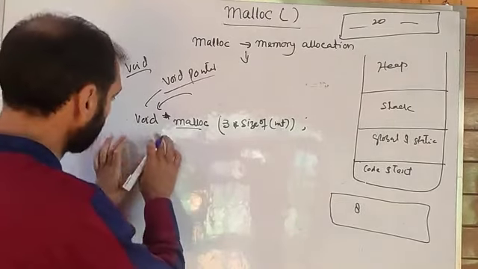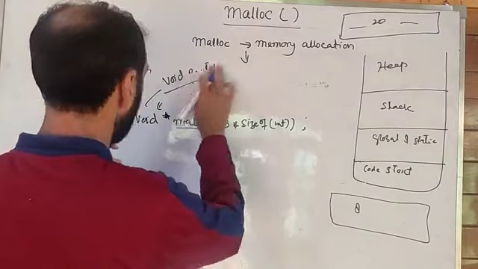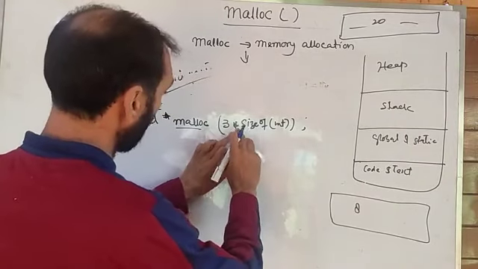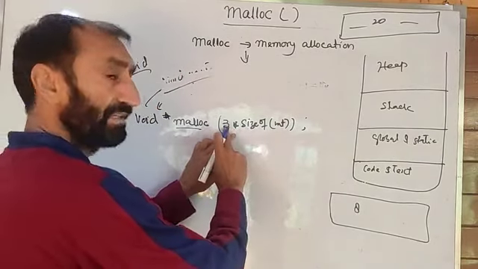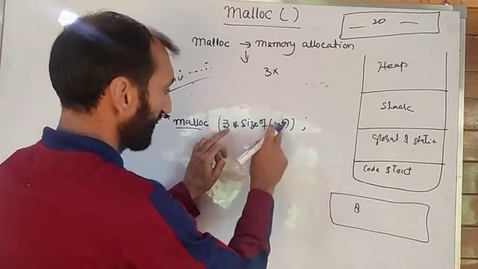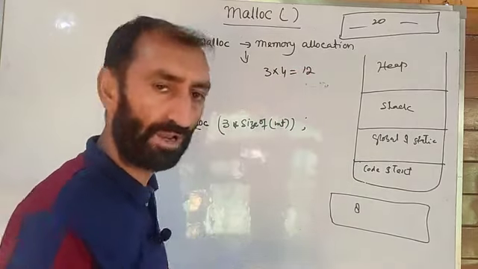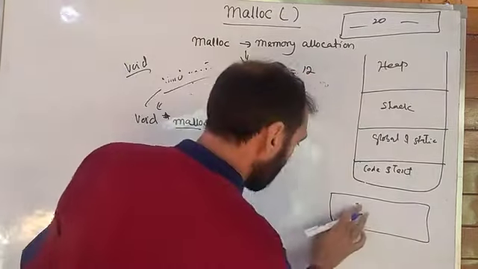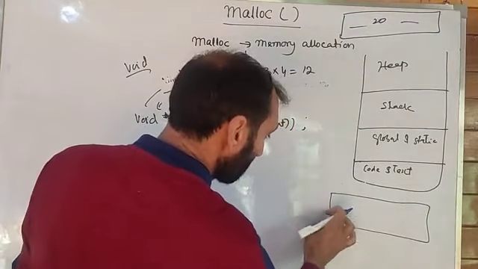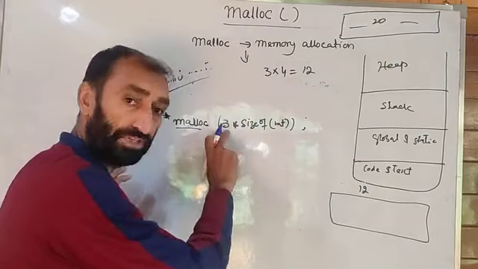By execution of this line, the memory manager will allocate 3 into sizeof int. We know it is 4 bytes, so 12 bytes of memory will be allocated by the memory manager dynamically. That is a complete block of 12 bytes, where I am going to store the 3 integers.